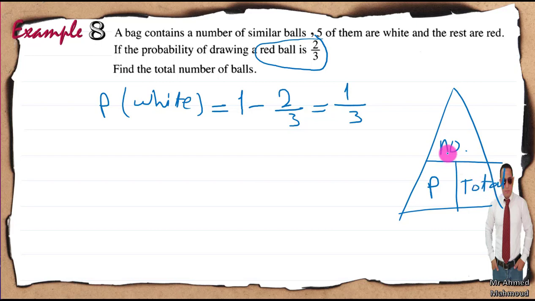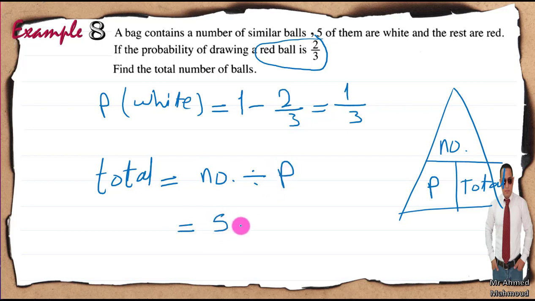The total equals number over probability. So the total equals the number, which is 5, divided by the probability, 1 over 3. 5 divided by 1 over 3 equals 15. The two ways are correct.